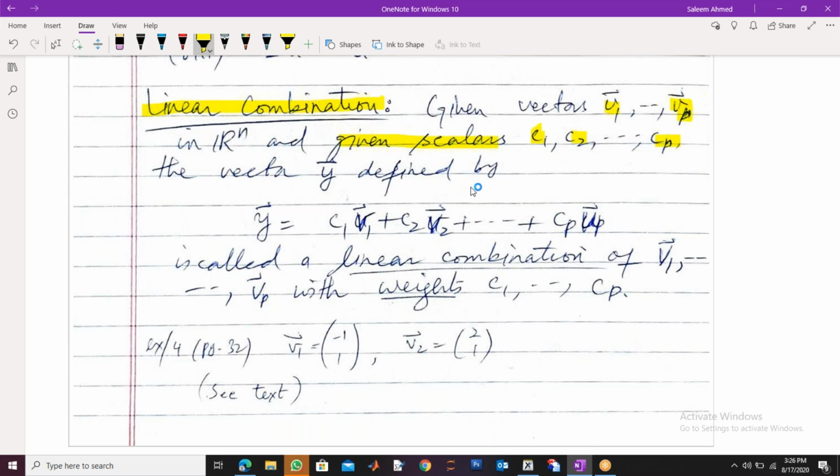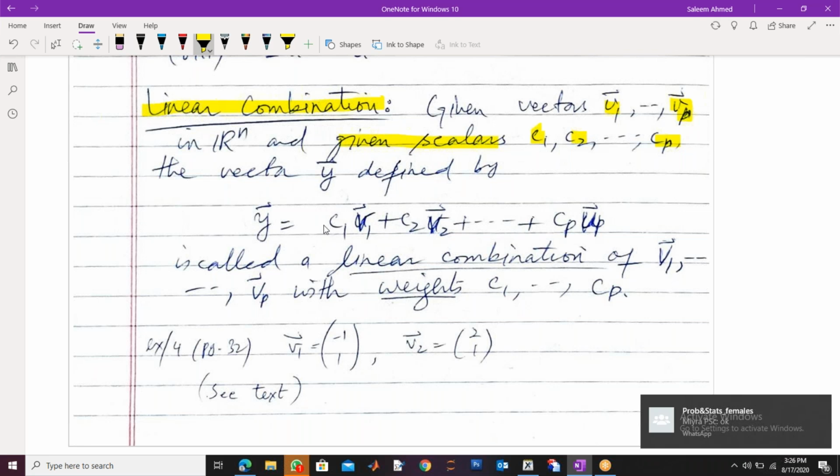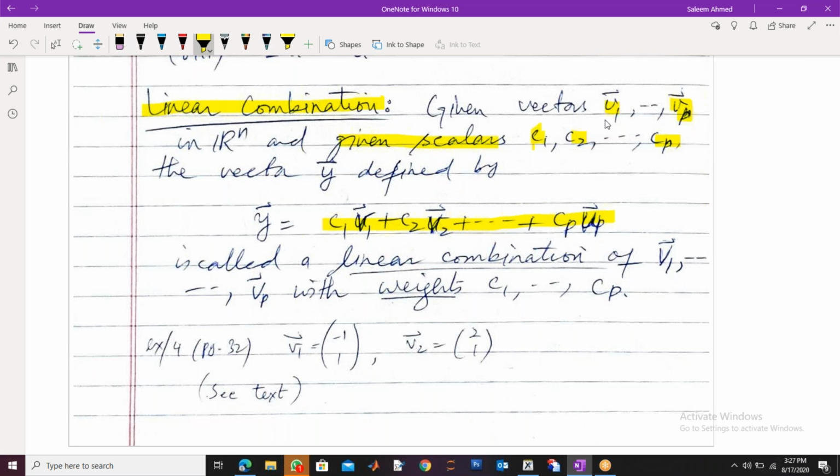So if you write this type of thing, you are multiplying one constant with one vector, second constant with second vector, third constant with third vector, and keep adding. This type of expression is called a linear combination of the vectors, not of scalars.